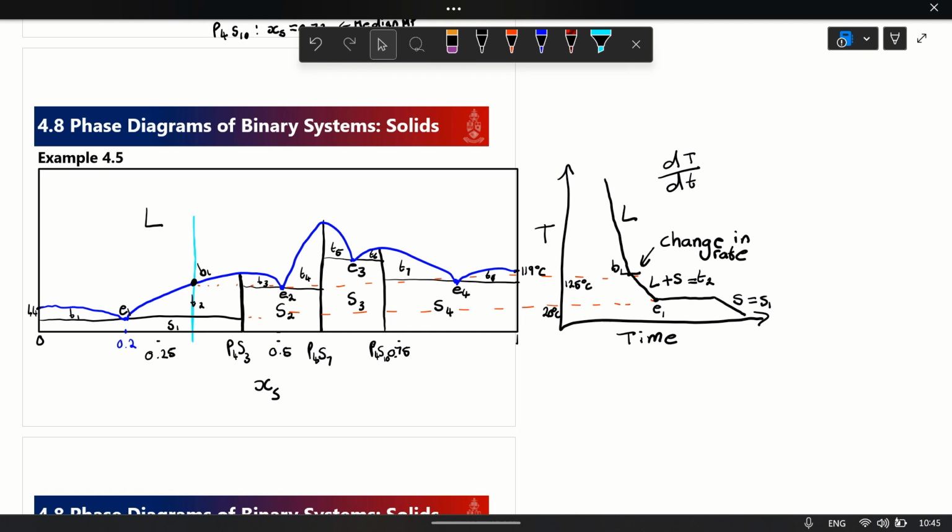All right, so I hope this was useful in explaining some of the concepts, especially the congruently melting part of it. Now you've gone from just the concept to putting it into a diagram yourself. And yeah, that's example 4.5.